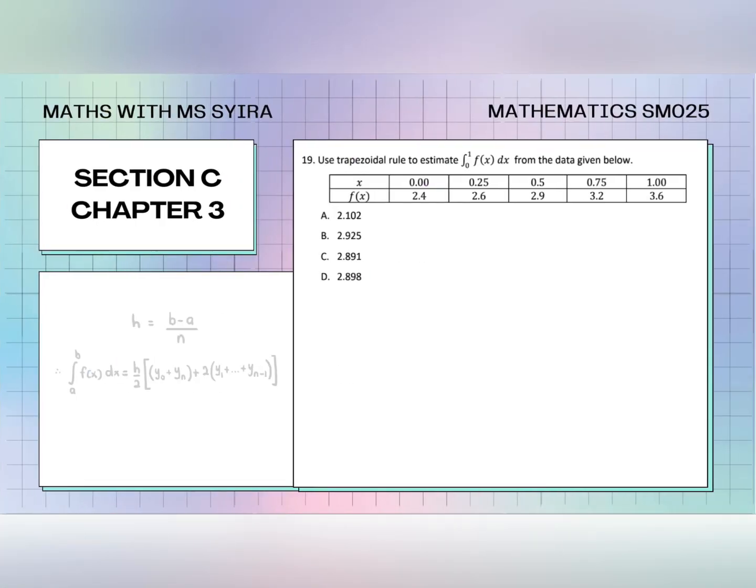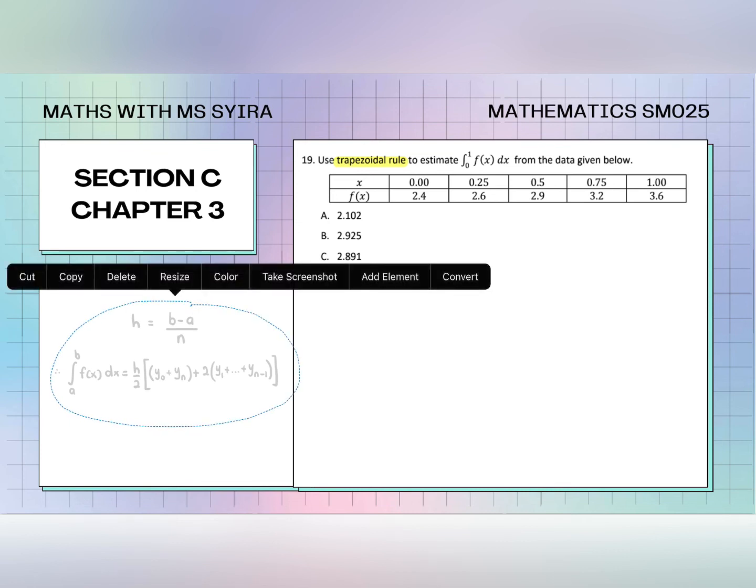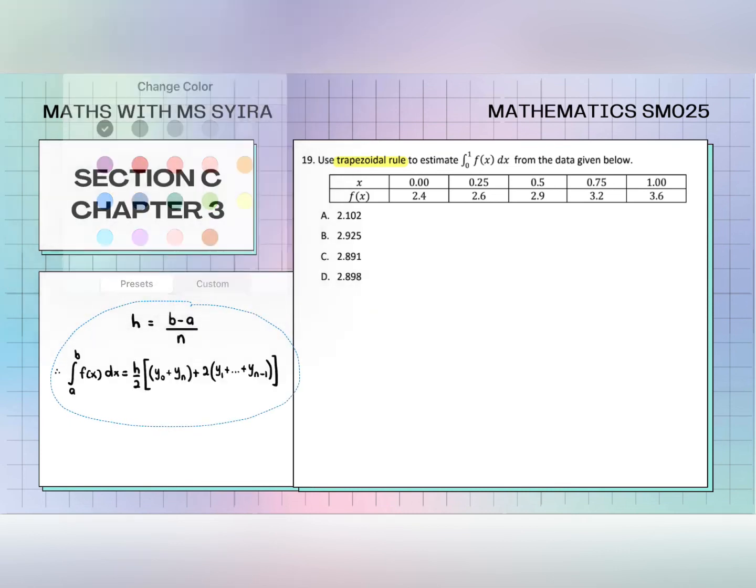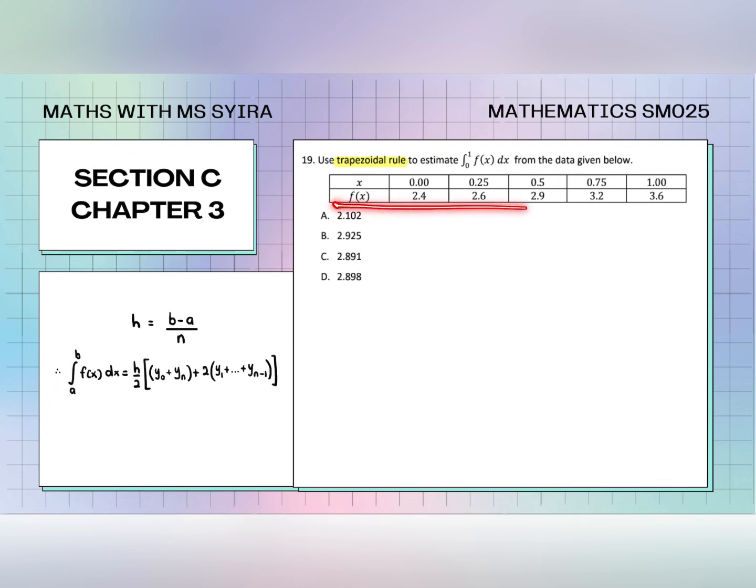Okay, so let's look at the next question here. Oh, here, question number 19. Using the trapezoidal rule, estimate this value from the data given. Okay, ini trapezoidal rule, kamu kena remember apa yang dia perlukan dekat kita punya formula. So, we need to find the value of H and we need to find apakah A, apakah B. Dan semua itu telah diberi daripada kita punya table.